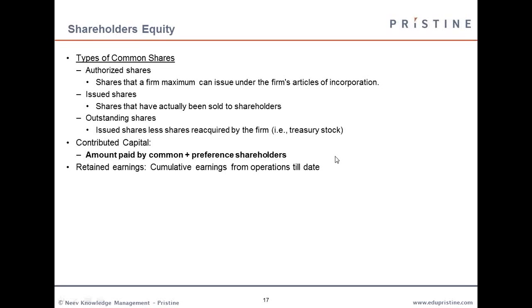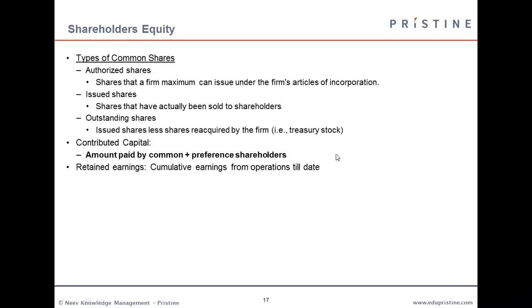So whenever you liquidate the company, when you try to pay, the first preference is given to the debt givers, and then to preference shareholders, and finally to common shareholders. So that's the difference. They also get a dividend at a fixed rate, irrespective of the profitability of the company.